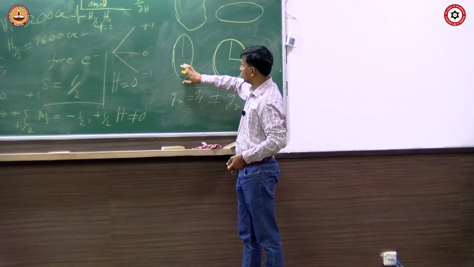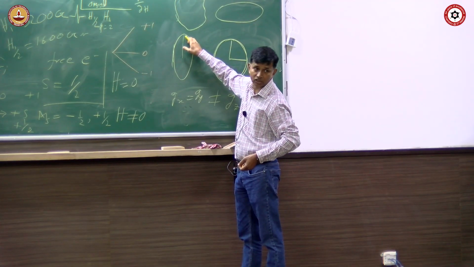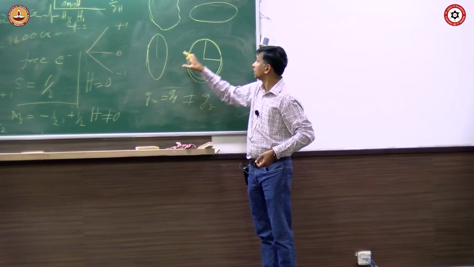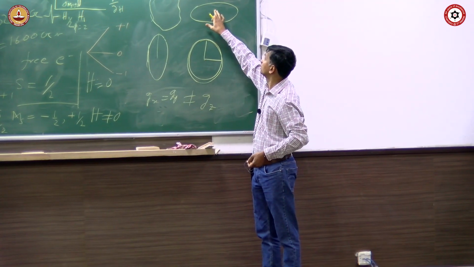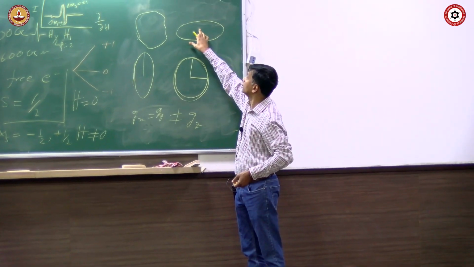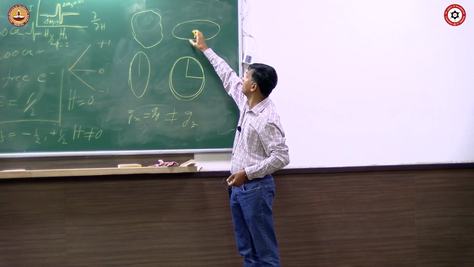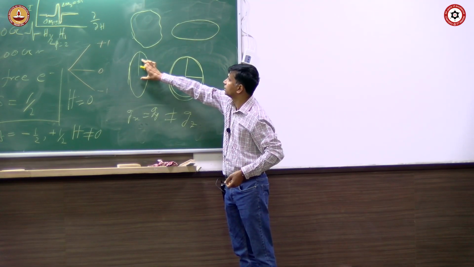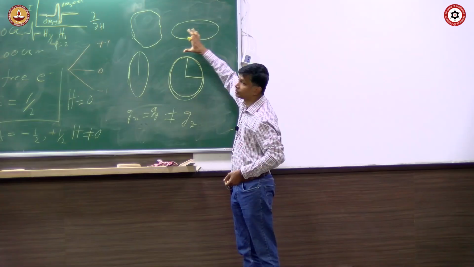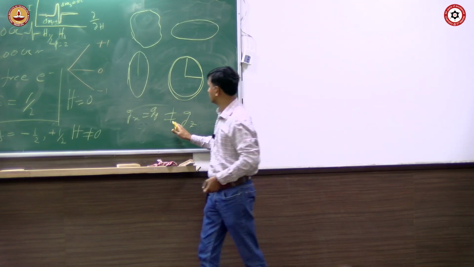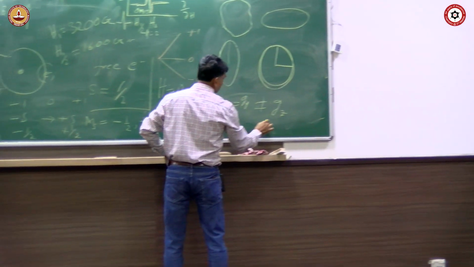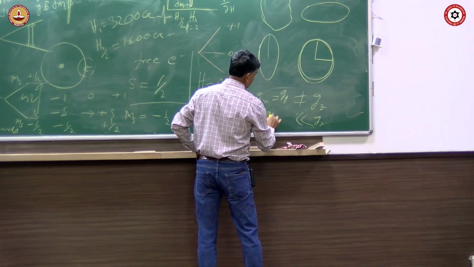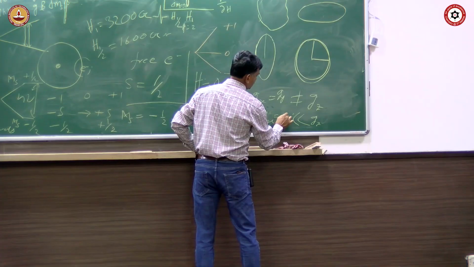That means the electron density along the z axis is much higher than along x and y. If I get this one, x and y are higher than z. Both are called axial type. This is the case where gz is greater than gx and gy.